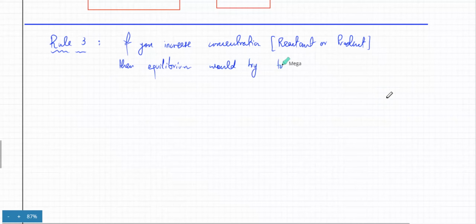It would try to decrease the concentration and favors the reaction that decreases concentration.